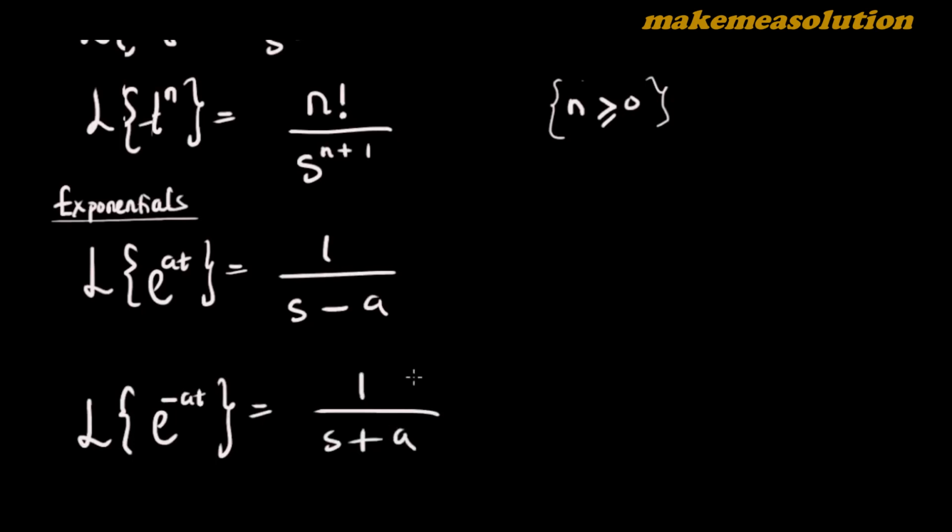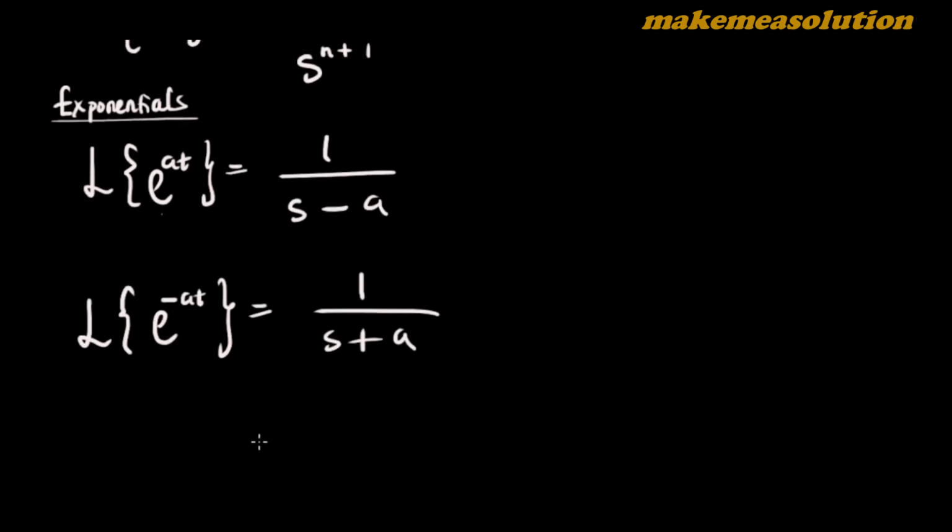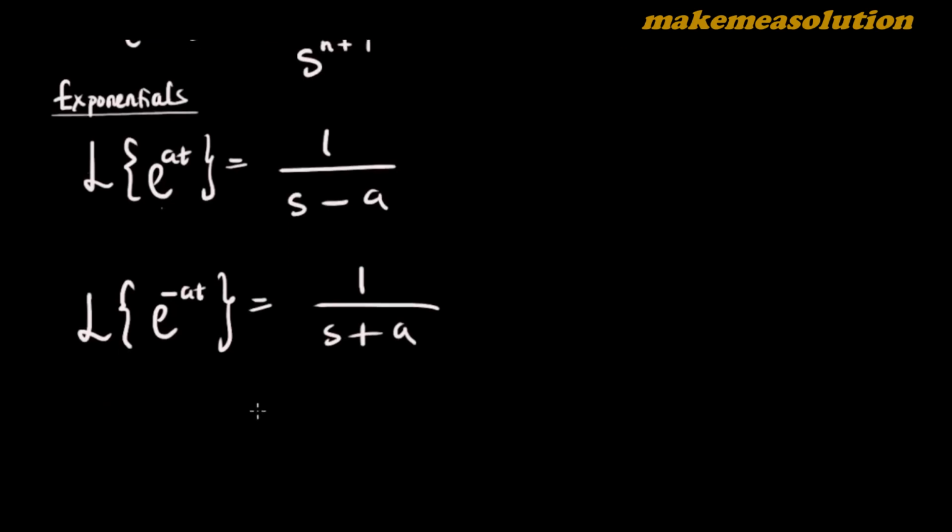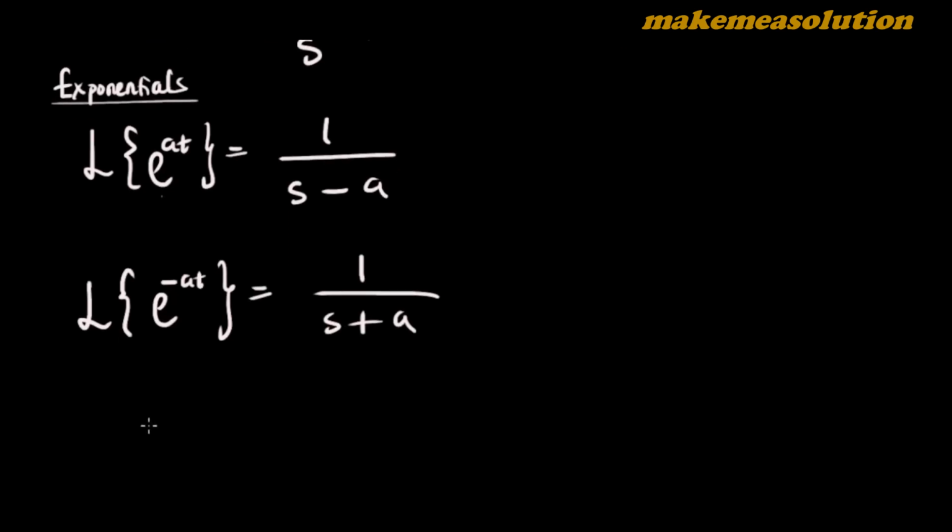You're going to find it useful because maybe when we use partial fractions to separate some particular problems and we get 1 over s minus a and we want to take the inverse Laplace transform, then we'll now end at this exponential form. So these two are very important, and together they summarize the Laplace transform for exponentials.